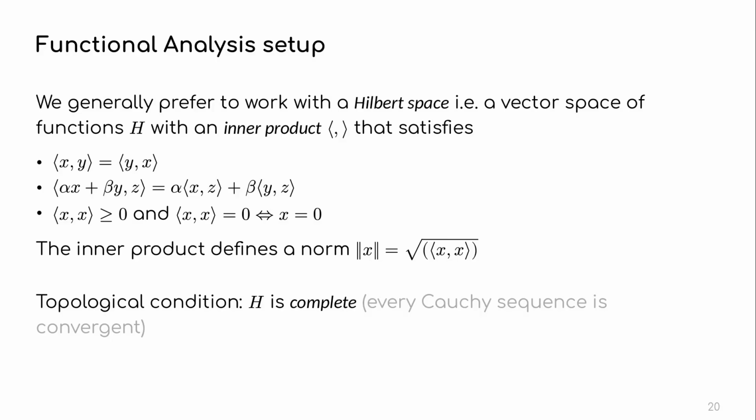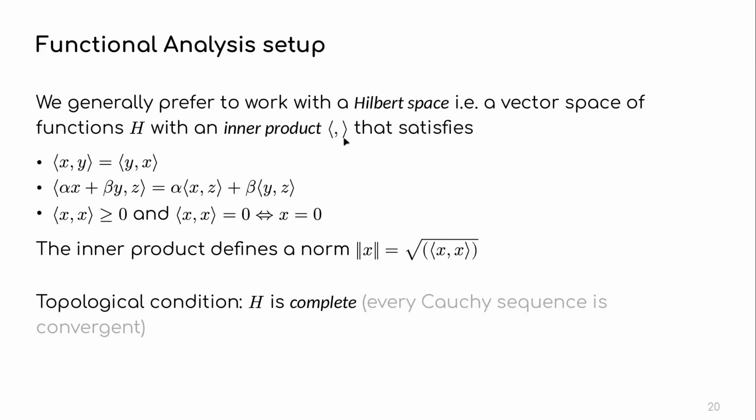Before we actually move on, this slide might be a bit insulting considering what we've talked about before, but just in case. In general, we prefer to work in a Hilbert space, which is just a vector space of functions with an inner product.